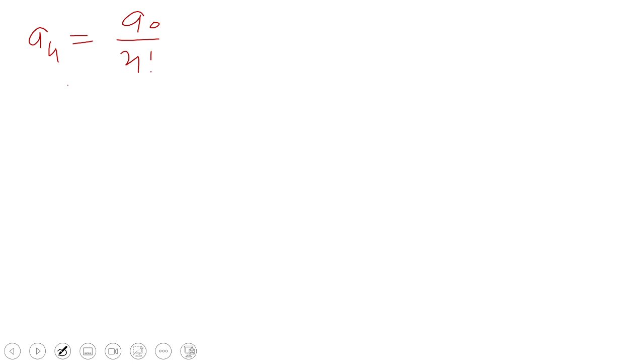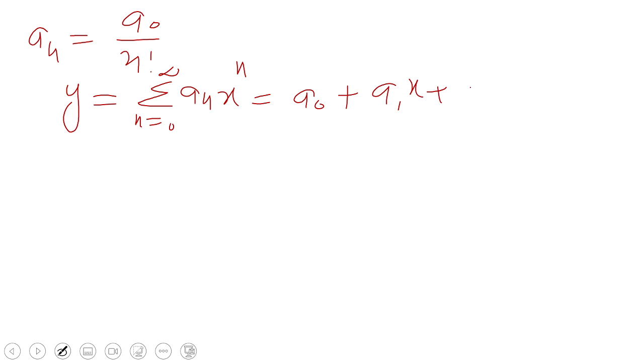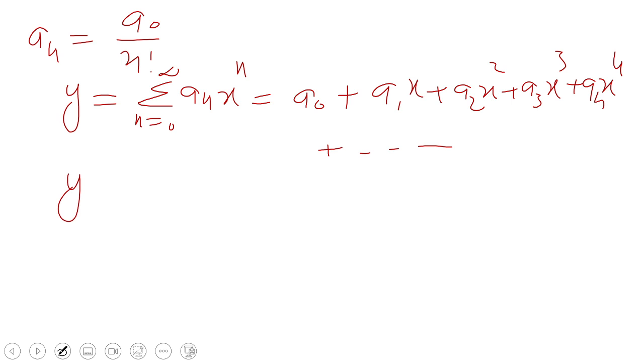Now we take the solution as a series, y is equal to summation n from 0 to infinity a_n x^n, which can be written as a naught plus a1 x, a2 x squared, a3 x cubed, a4 x^4 and so on, and we find all the constants in terms of a naught. So y is equal to a naught, but a1 is a naught by 1 factorial x.